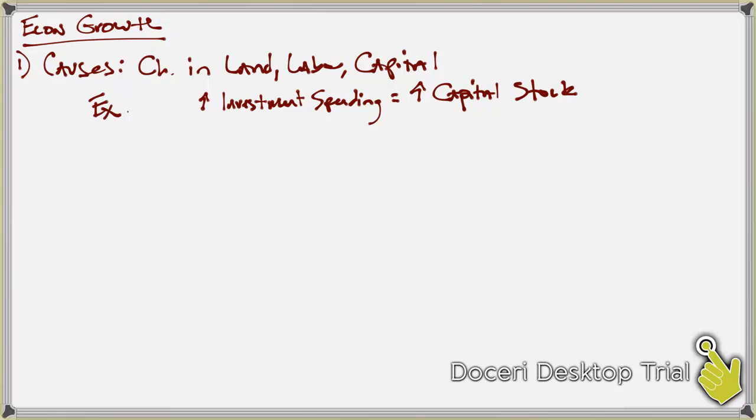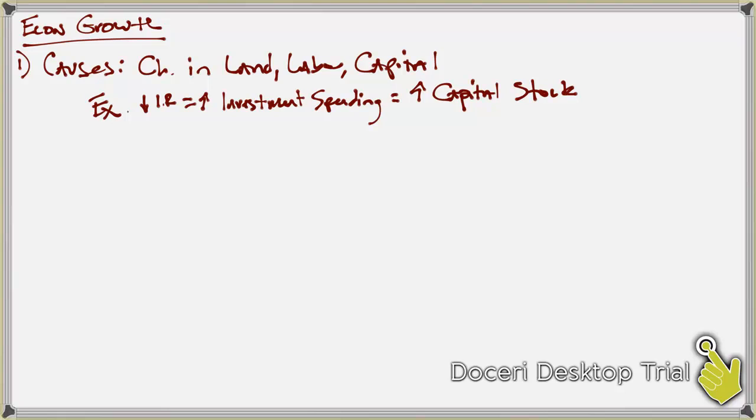Now we really need to add to this though, that what drives investment spending is low interest rates, okay? So I'm going to add in front of here a decrease in interest rates allow more investment spending to happen. If you're a business owner, you love low interest rates because that means you can borrow money for cheap, right? And that borrowed money that you have now, you're going to use to spend on capital equipment. So I think that connection right there is super important for causing growth.